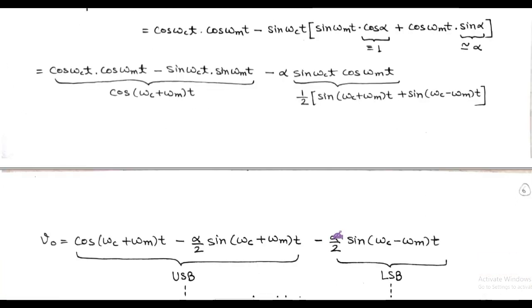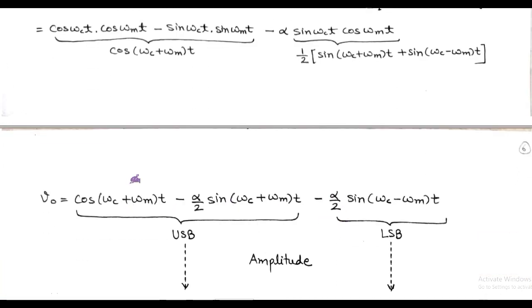And accordingly, output V naught equals cos of (omega C plus omega M) t minus alpha upon 2 sin of (omega C plus omega M) t minus alpha upon 2 sin of (omega C minus omega M) t.